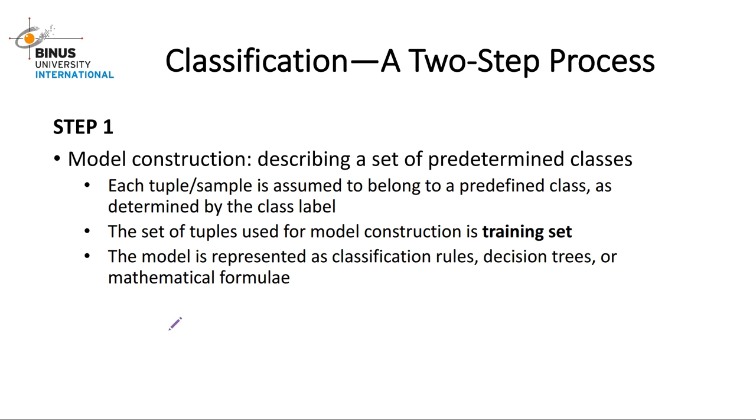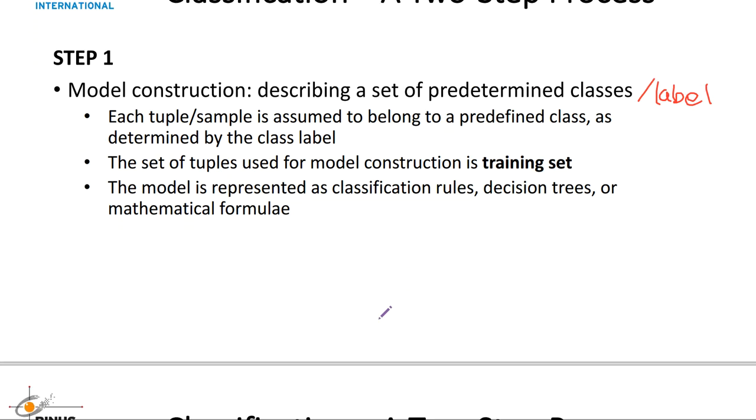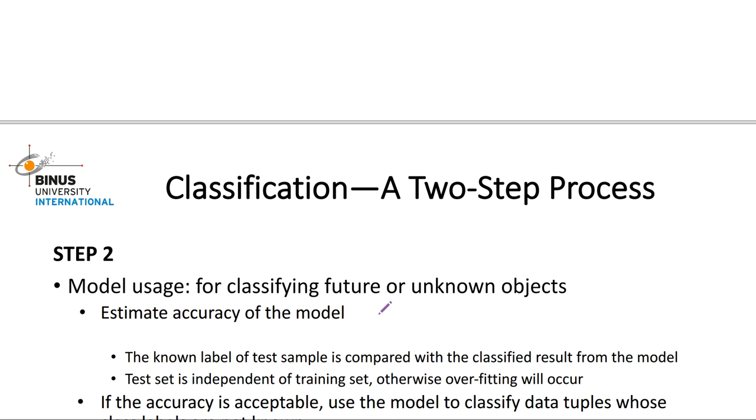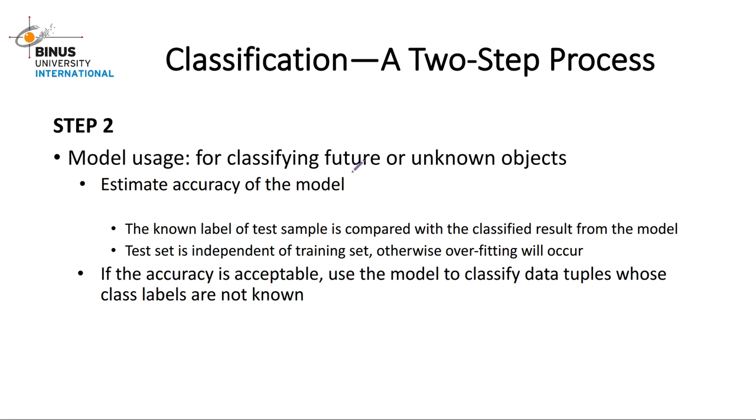Okay, in classification, we have a two-step process. In step 1, we build the model, describing a set of predetermined classes, the labels. And then in the next step, we use the model for classifying future unknown objects, new data.